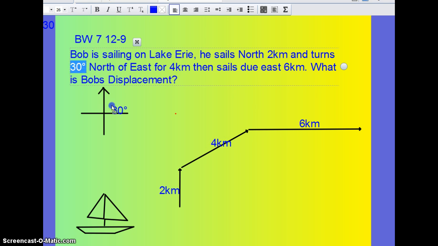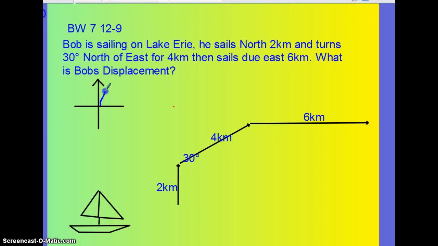The tricky thing is this 30 degrees. Where does that 30 degrees go? In discussing this north of east idea, we have two options. We could go off here at 30 degrees, we'll call that option A. Or you could go off this way, and you could call that option B. So the question really is 30 degrees north of east, and if you change the directions to forward and right, because east is off to the right of forward, if you were trying to move one direction from forward, would you go 30 degrees?